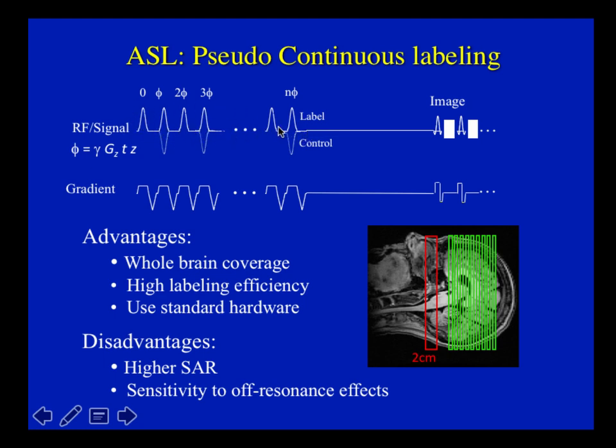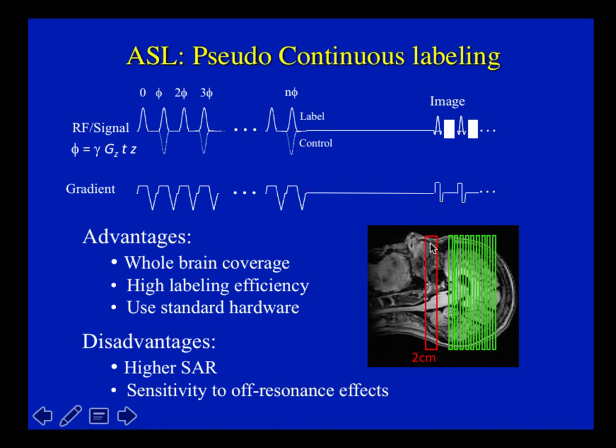The idea is to mimic the continuous ASL experiment with small, high intensity RF pulses. Because the RF pulses are separated, we also modulate the gradients accordingly. So ultimately, when the blood is subjected to this train of RF and gradient pulses, it gets inverted, similar to the continuous ASL experiment.